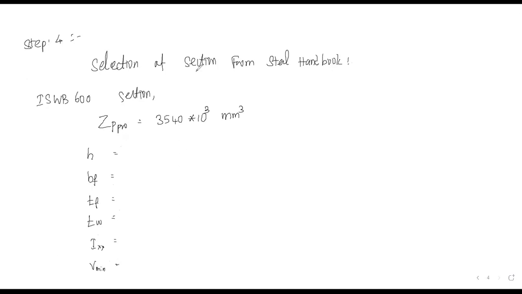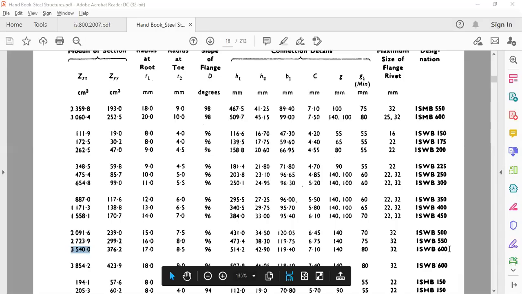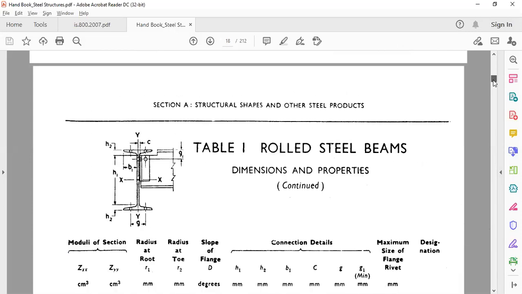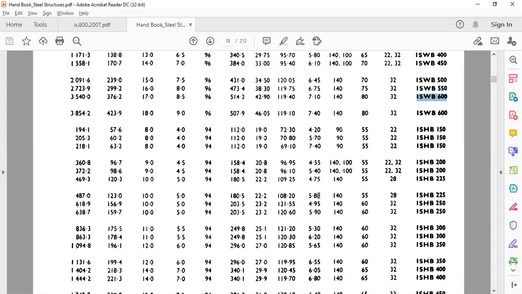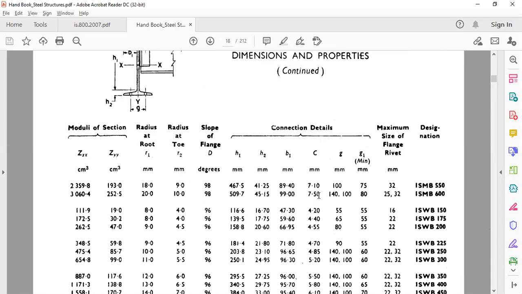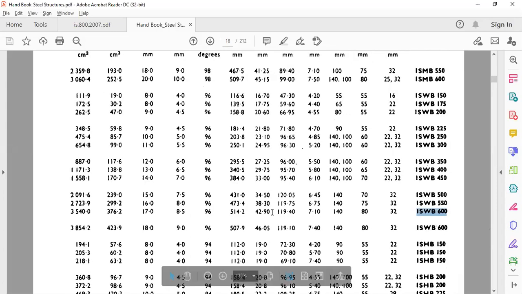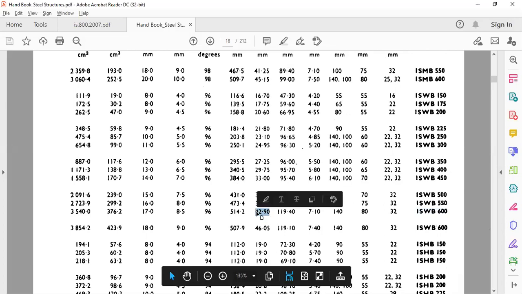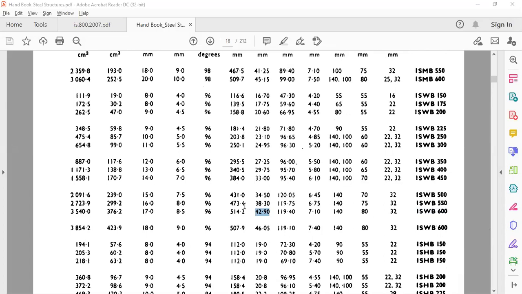All of that we can take from here. Even this h2 value we also need. So h2 value is 42.90.